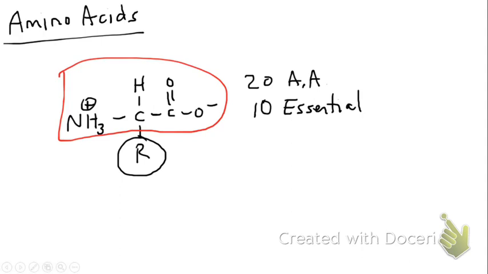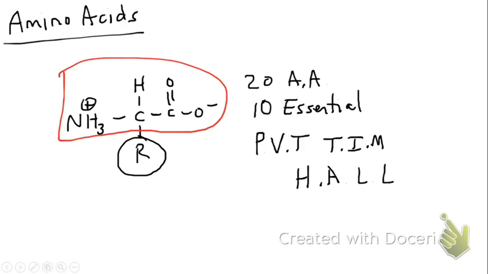So here is a mnemonic to help us know which 10 of the 20 are essential. We have phenylalanine, valine, tryptophan, threonine, isoleucine, methionine, and then we have histidine, arginine, lysine, and leucine. Now, I will tell you this.